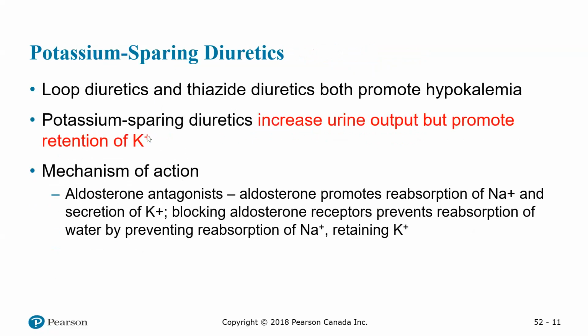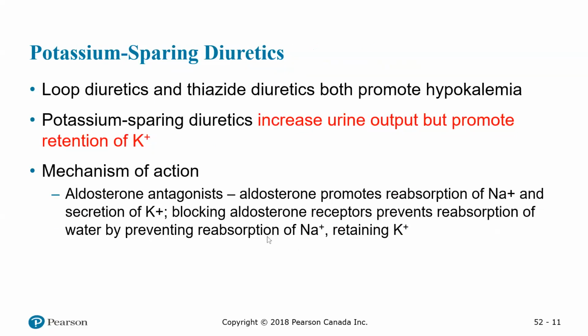Potassium-sparing diuretics increase urine output while promoting retention of potassium. The mechanism is that aldosterone normally promotes the reabsorption of sodium and secretes potassium. Blocking the aldosterone receptor prevents that and prevents the reabsorption of sodium, retaining potassium.